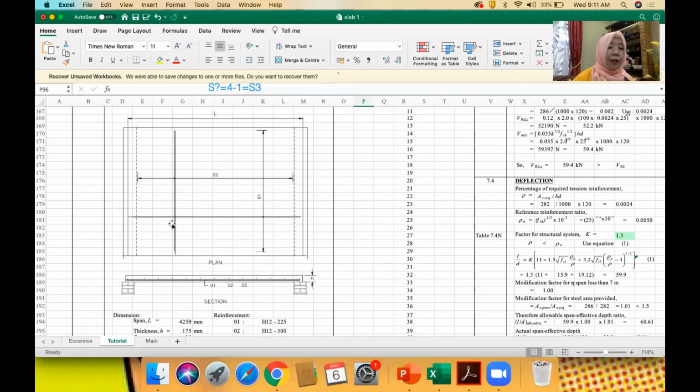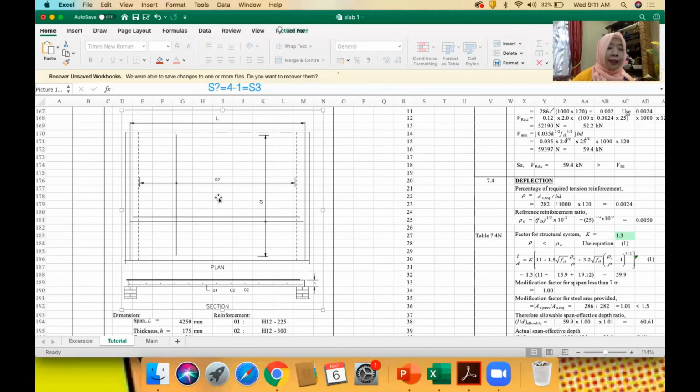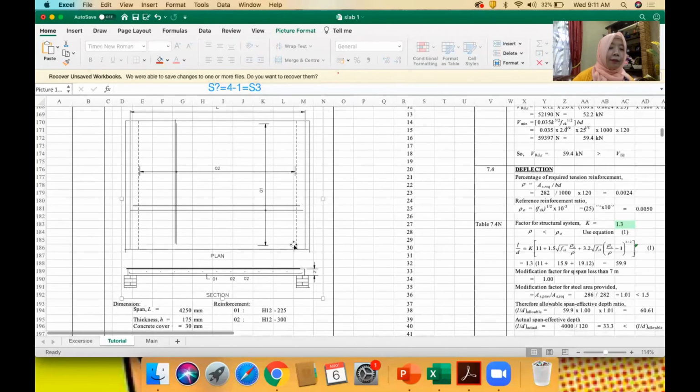We need to show it also in the plan here, from here to here. A lot of steel here, but we need to show only one. This is how we arrange the steel.